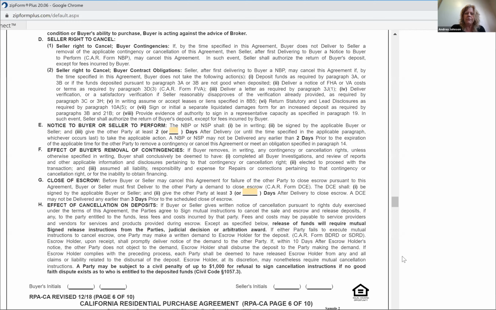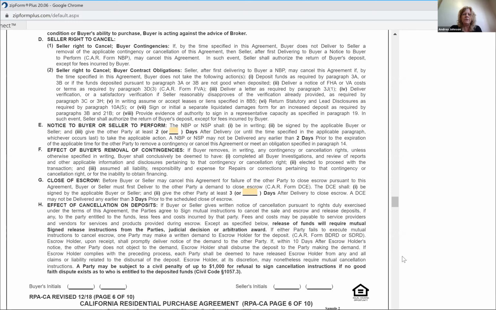There are a number of things listed here. The FHA or VA form that is required with an FHA or VA loan. So any number of things, contractual action the buyer has not taken care of, the seller can demand by the use of a notice to buyer to perform.